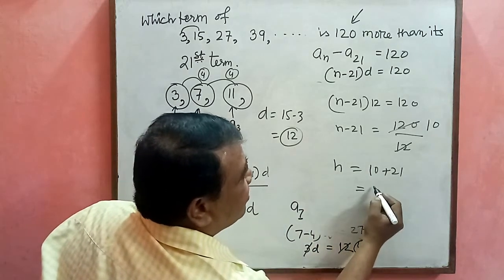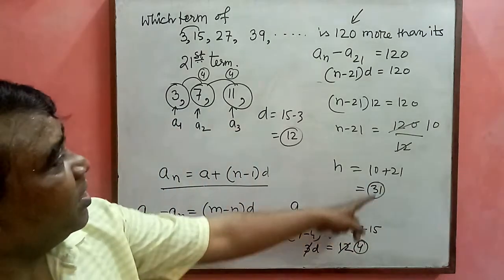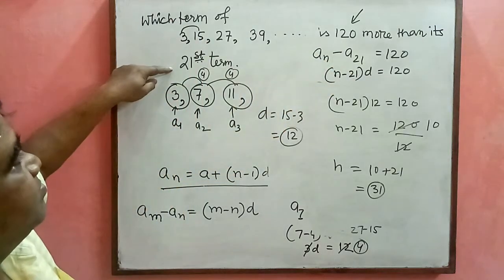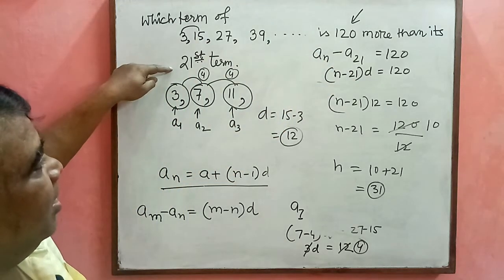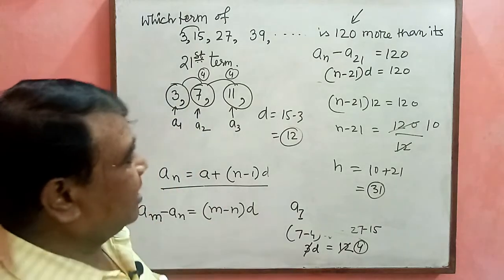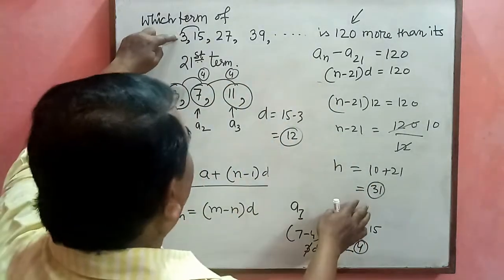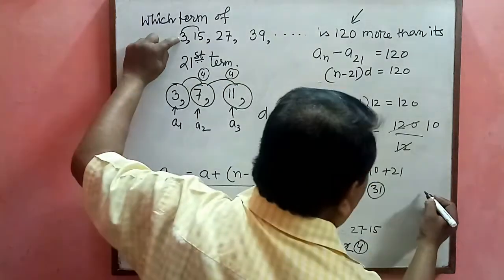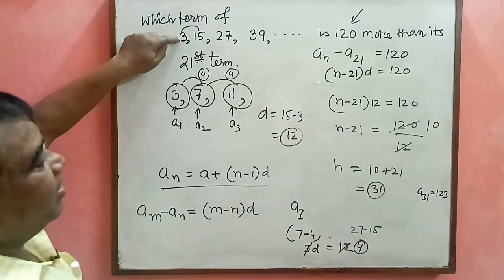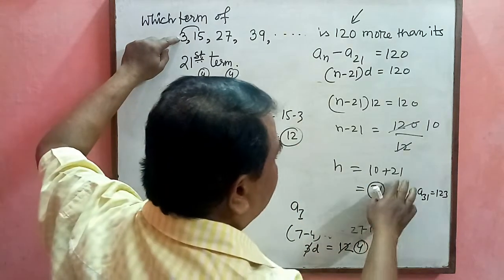This is 31. The 31st term is 120 more than its 21st term. If I want to get it, the 31st term means 30 into D is 120 plus 3. The 31st term is 123 and 30 we have got it 31.